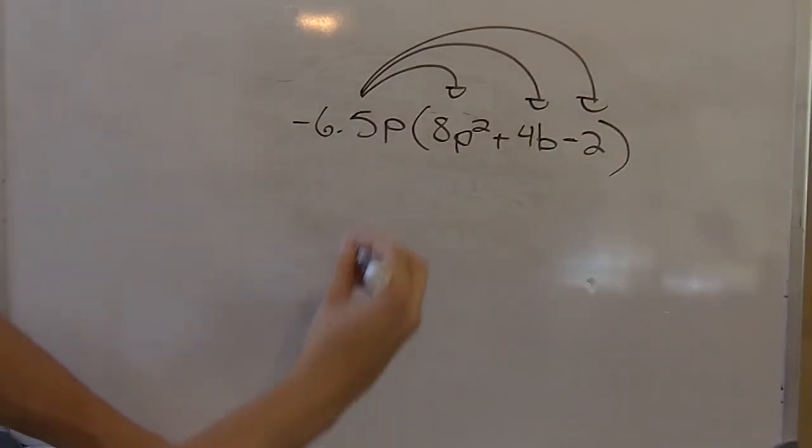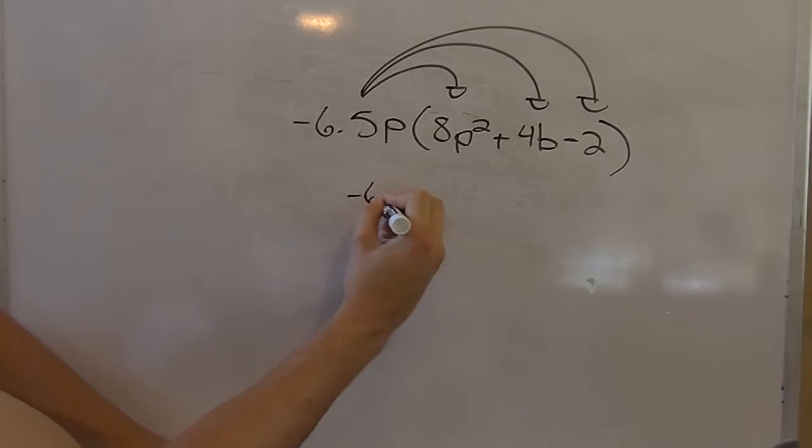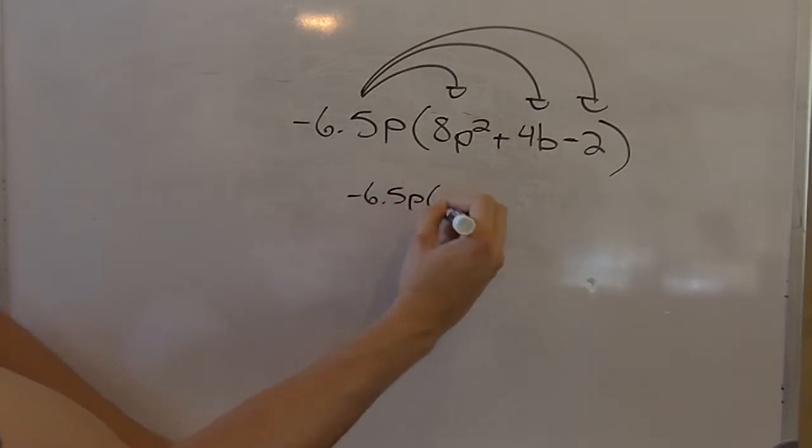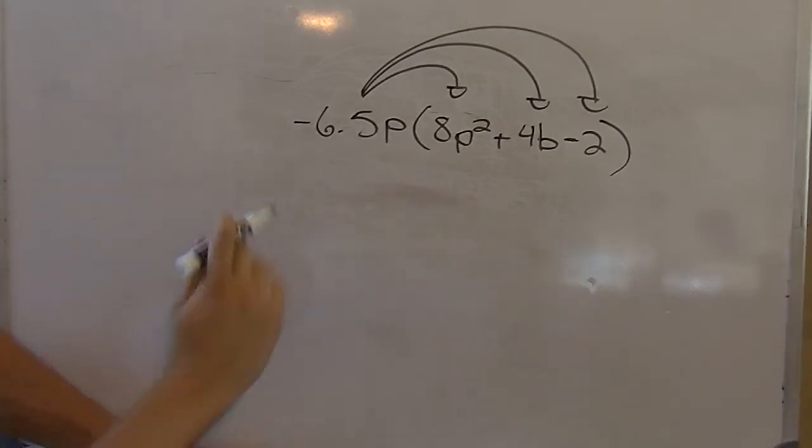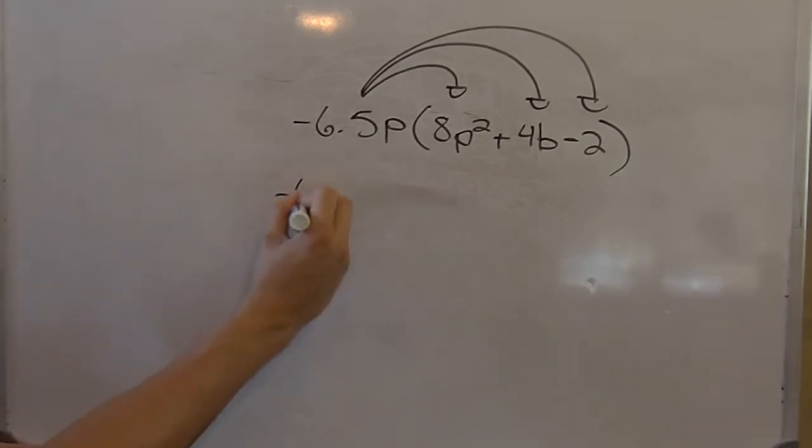So we're going to take negative 6.5p times 8p squared. I'm going to start over here a little bit, give myself some more room.